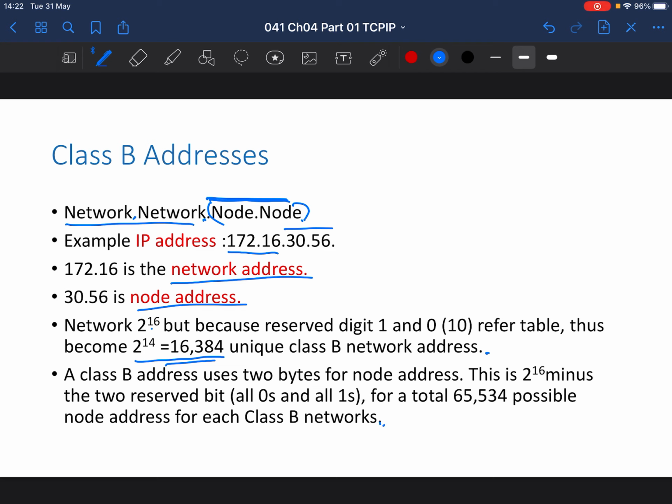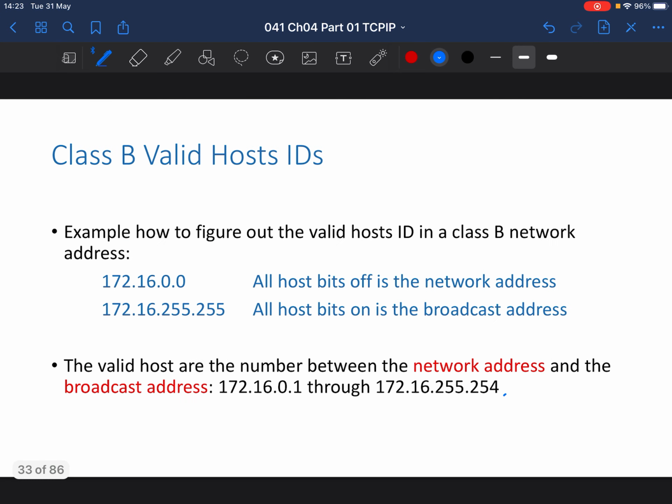So for Class B, you have 65,000 plus possible node addresses for each network. This number is from 2 to the power of this one. You can check with your calculator.